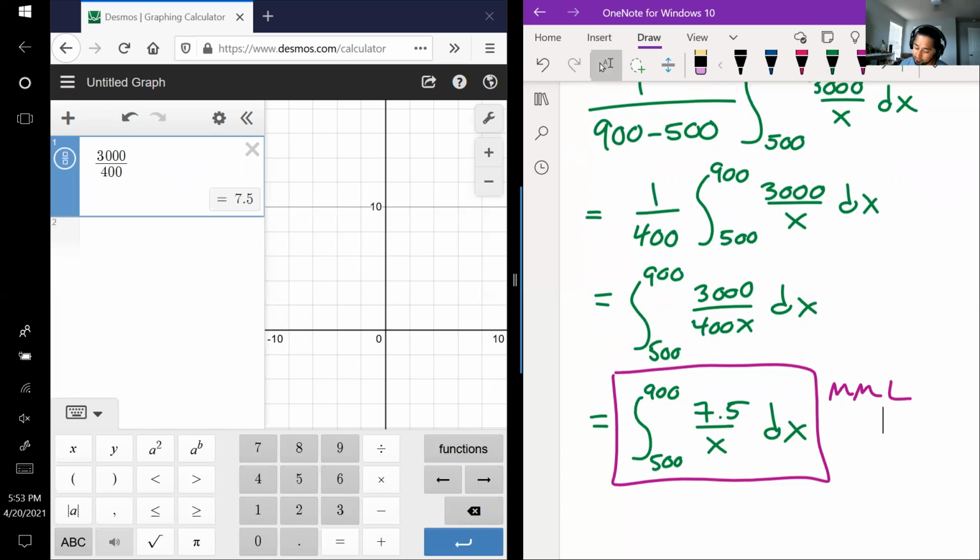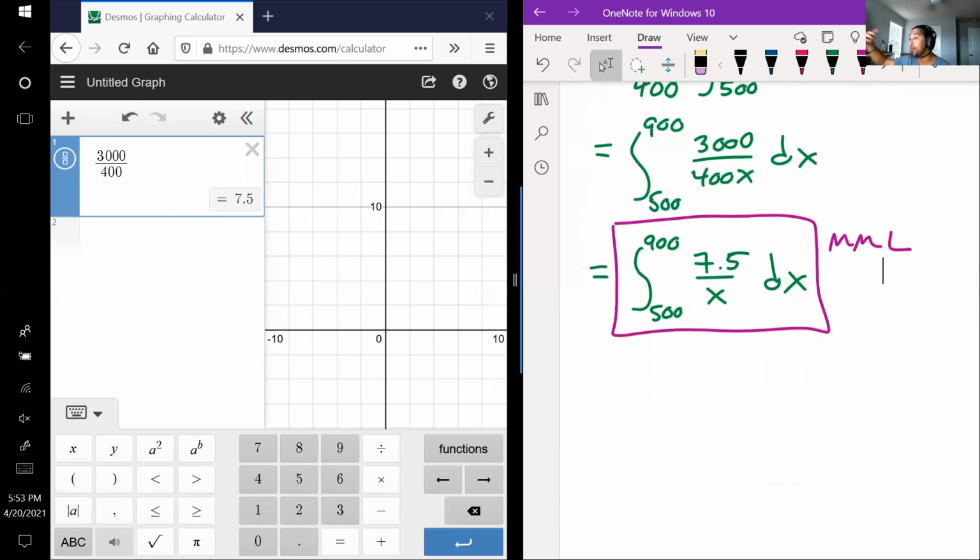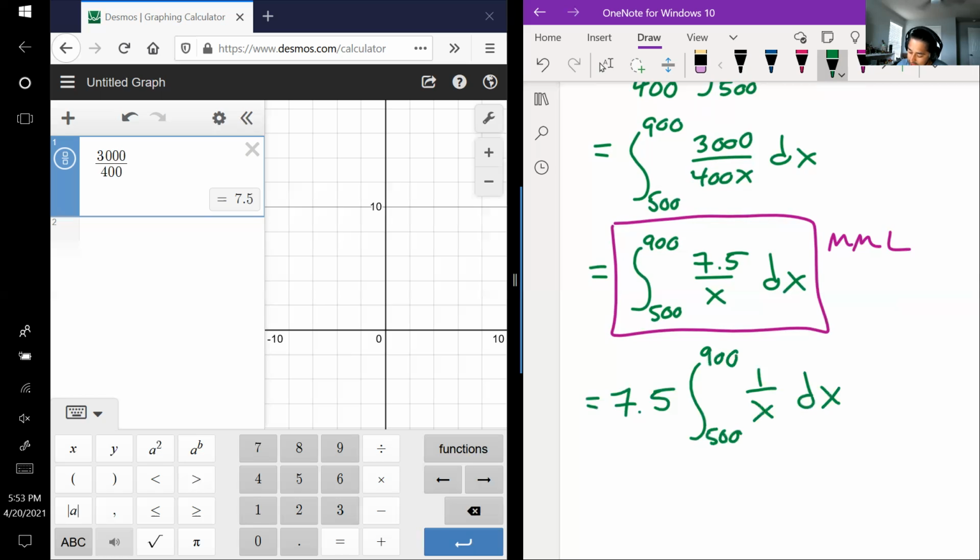All right. Now let's find the antiderivative and plug these numbers in. So what we're going to do again is just rewrite this. I'm going to take that 7.5 out now, and you'll have 7.5 times the integral from 500 to 900 of 1 over x dx.